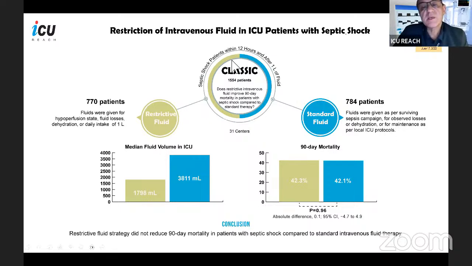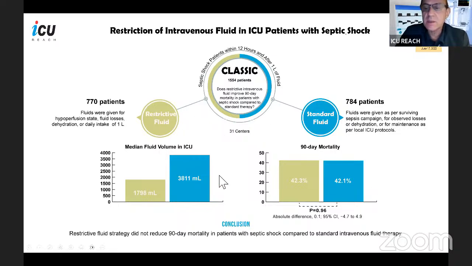Those patients received at least 1 liter of fluid. I think the CLOVER study received 1 to 3 liters prior to randomization, and in the classic study received at least 1 liter. You can see here, 90-day mortality is not different.